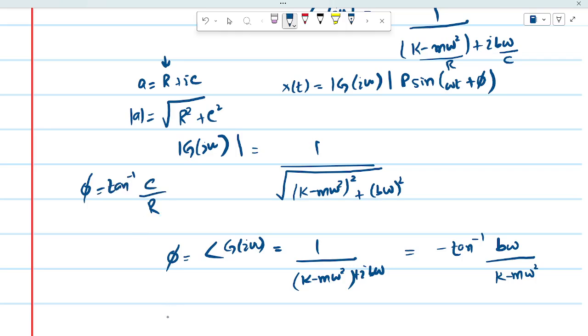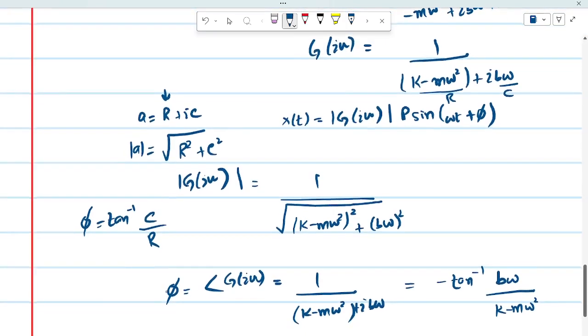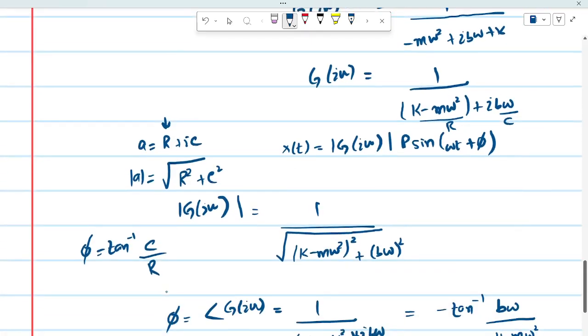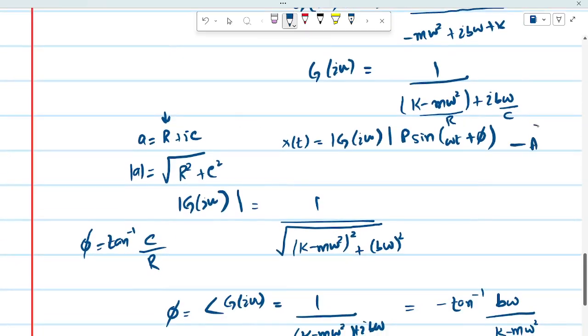Now we can substitute both of these values, the magnitude and the phase angle, in our solution equation.